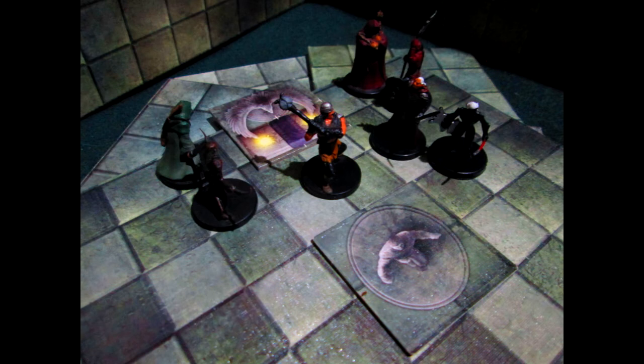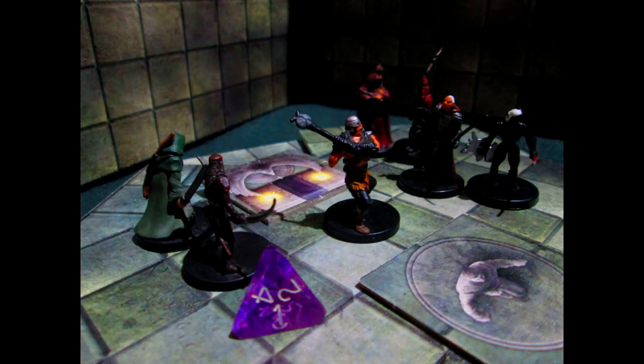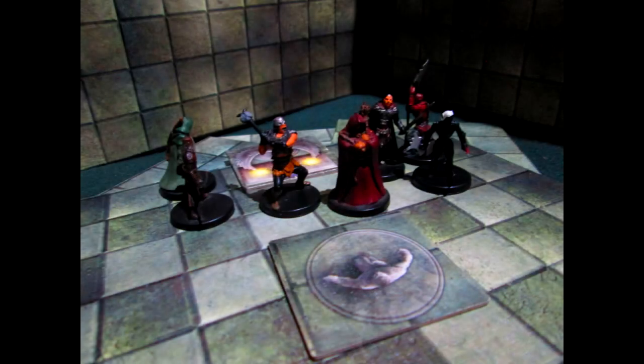I decided to handle the situation in the following way. Because I have the advantage of knowing how things are going to work out, I decided that the moment that I made a successful Enigma check, that's the moment where the statue is defeated. So I made my roll and I failed. The statue animates and sprays acid into everyone's bodies, so everybody is wounded.